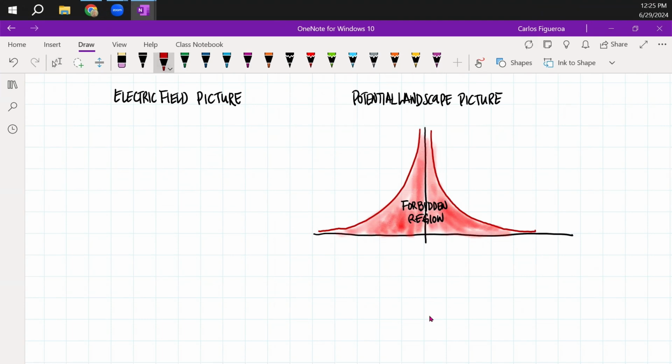What do we know about the electric field picture? We have a point charge, and it's a positive point charge. We have E fields that point outwards, and this is the field.